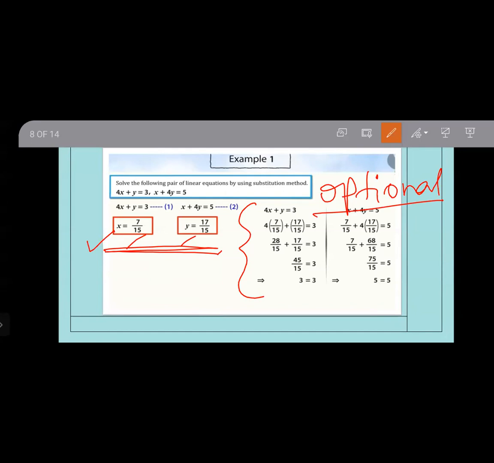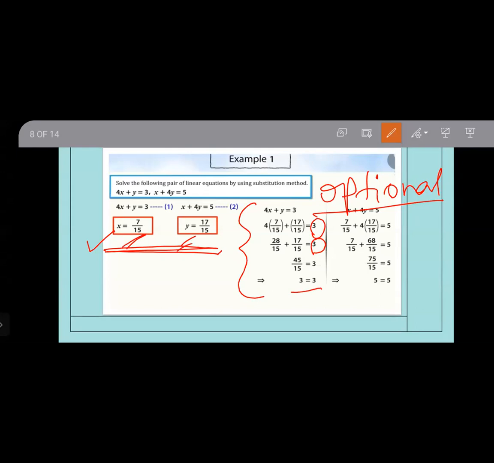So 4 into x, the value of x is 7 upon 15, plus y is 17 upon 15, equals 3. Simple multiplication, 28 plus 17 upon 15, that is 45 upon 15, which is equal to 3. And 3 is there on the right hand side. So 3 equals 3. That means both values satisfy equation 1.